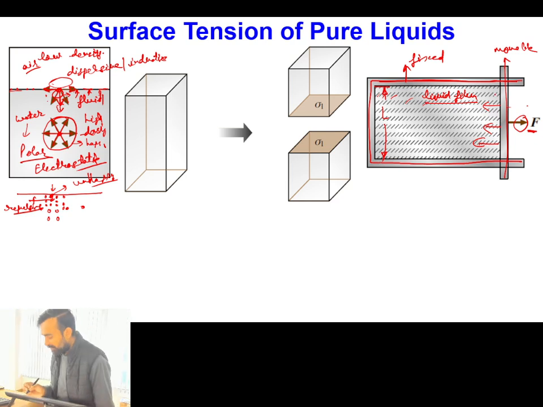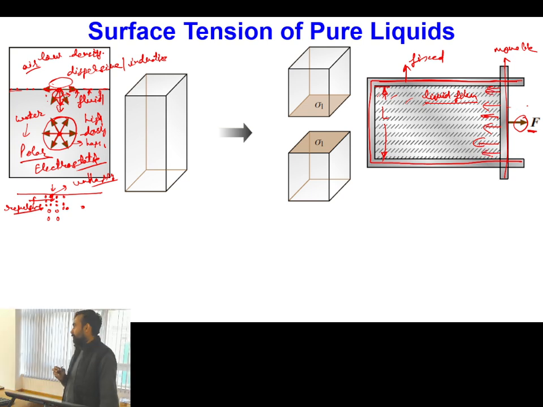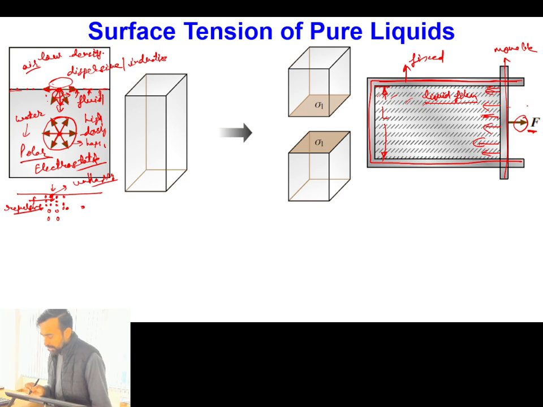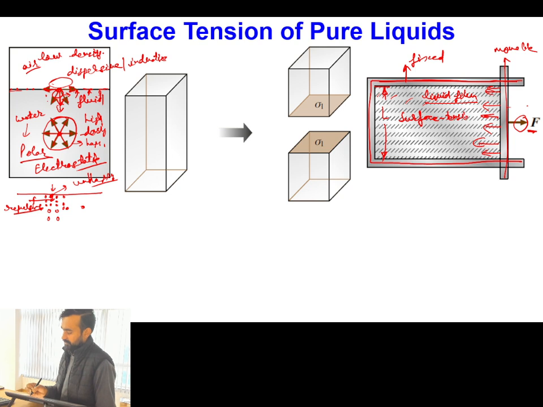What I told you, that if I remove this force F, then this bar is moving in this direction. So ultimately there is certain amount of force which is acting in this direction, and to balance that force I have to apply F amount of force so that bar can remain in the static condition. Okay, so whatever that force which tries to pull back the bar and decreases the surface area of this liquid film, that particular force is something which we call as surface tension force.